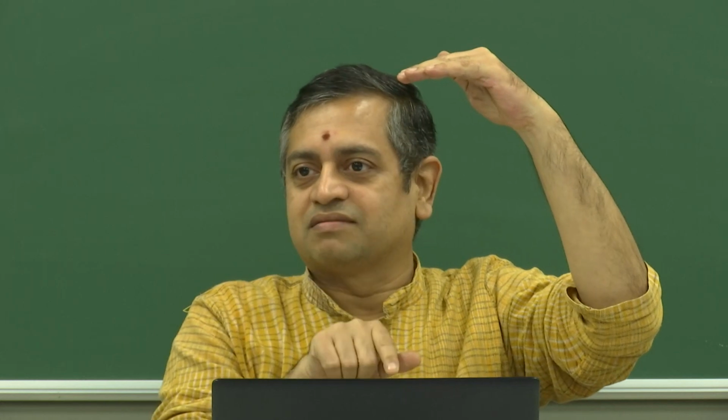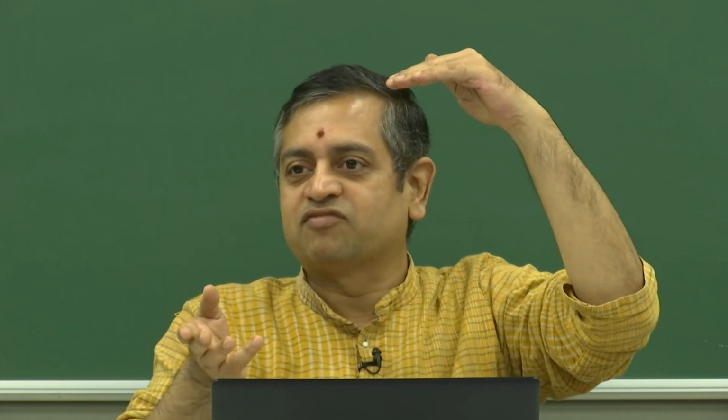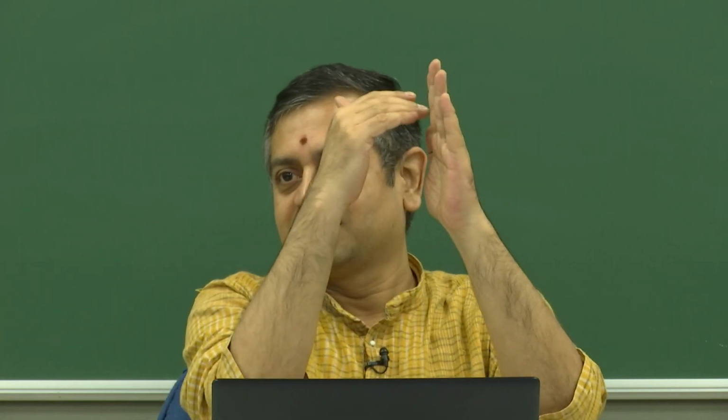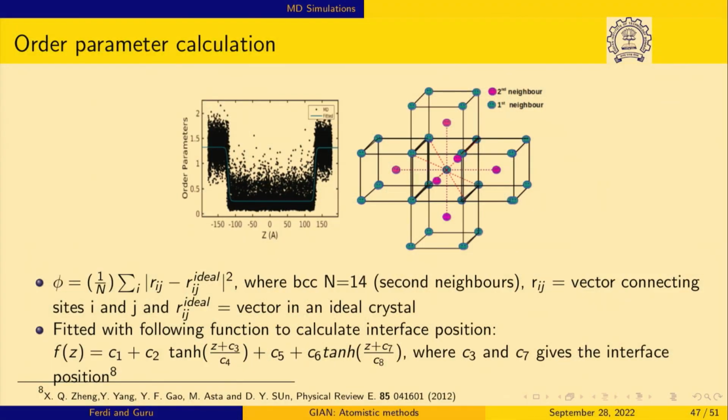Somewhere in between this tan hyperbolic where it takes 0.5, that is what I would say is the interface. Remember, that is not important for me in my simulation. All I need to do is to go to this region where I see this constant, where I see the other one as constant. For example, I can go from this central to the other one, okay.